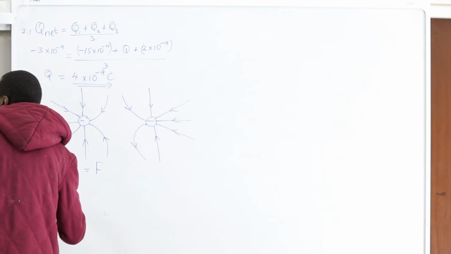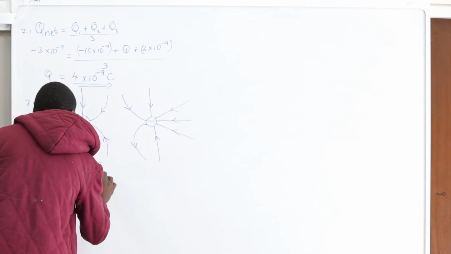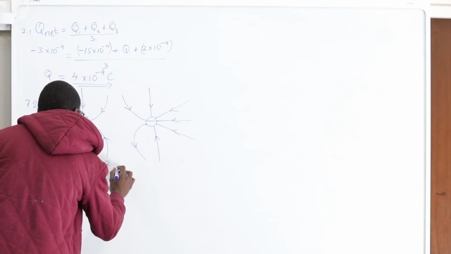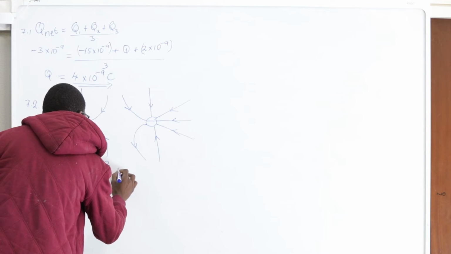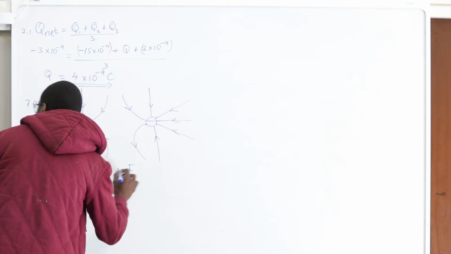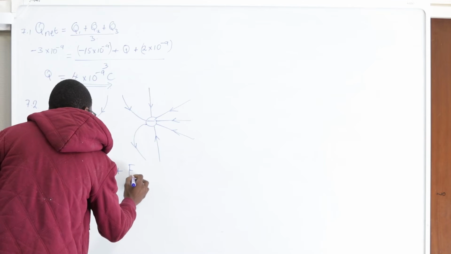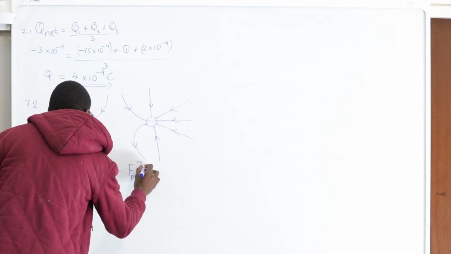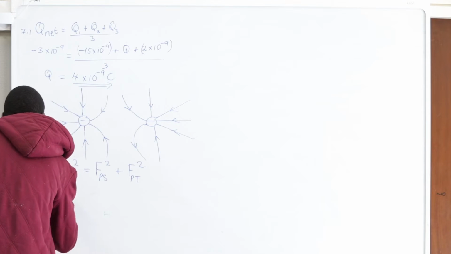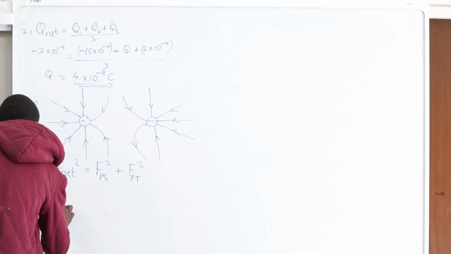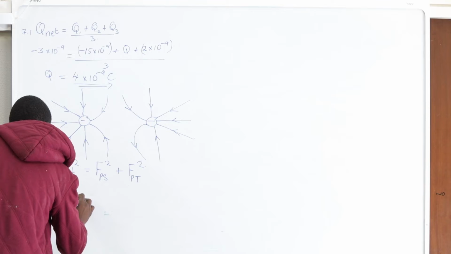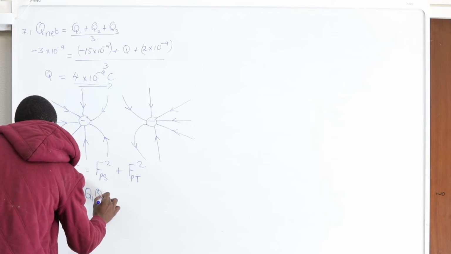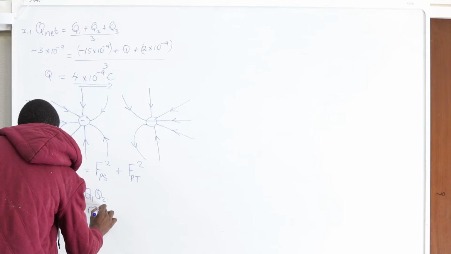F PS squared plus F PT squared. Now for me to find my F PS, I'm going to say K multiplied by Q1 multiplied by Q2 all over R squared.